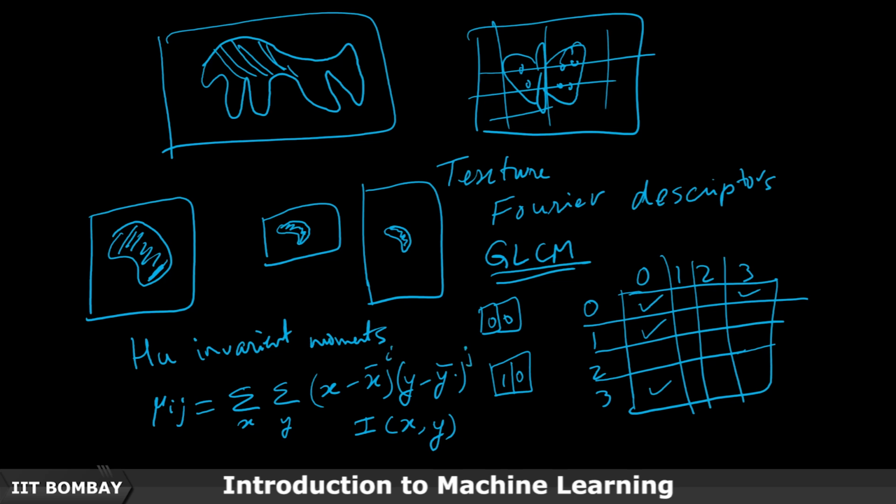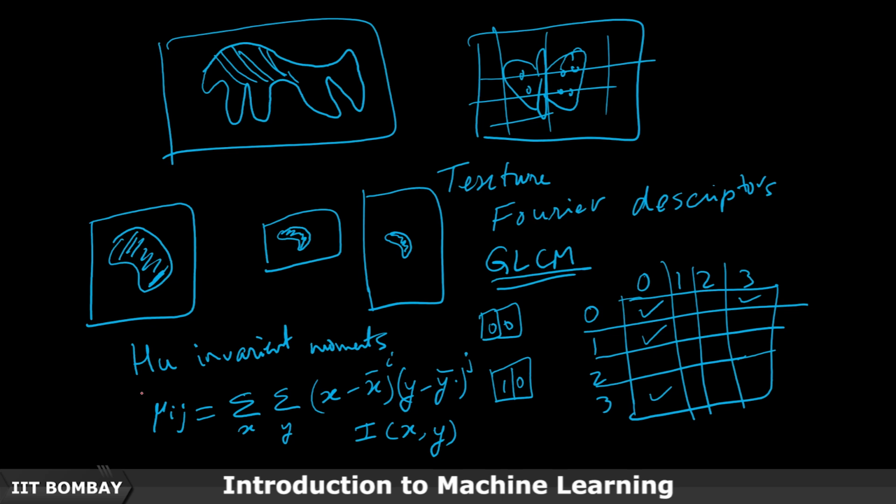When i and j are 1, we are looking at the first moment. Similarly we can have different powers and they will give you the second moment and so forth, and when you subtract the first moment from the second moment, you start to get central tendencies. There is a whole bunch of formulas for 7 different invariant moments, Hu invariant moments, that can be used for calculating shape features.